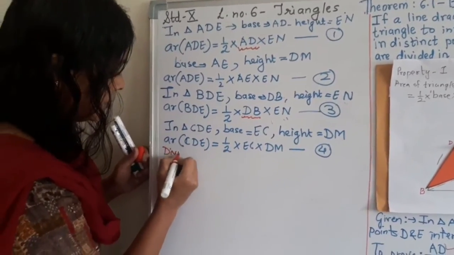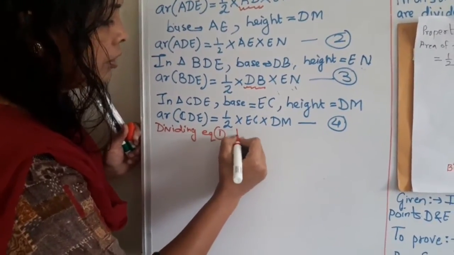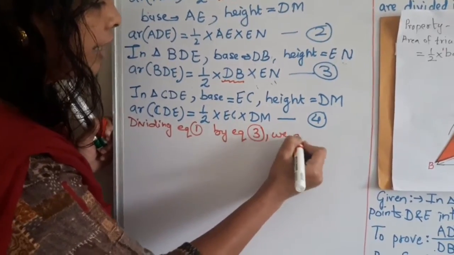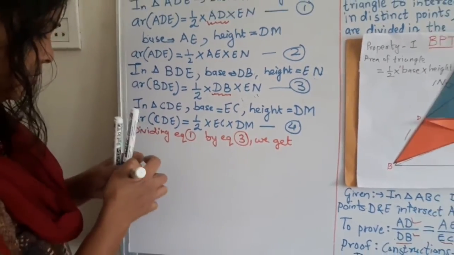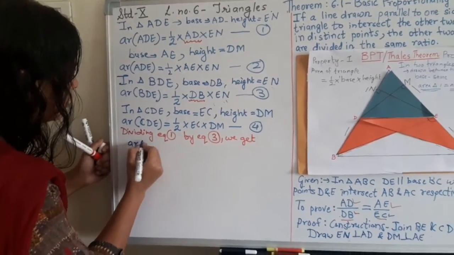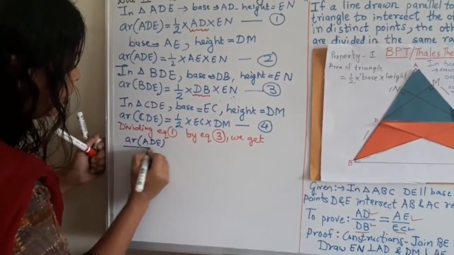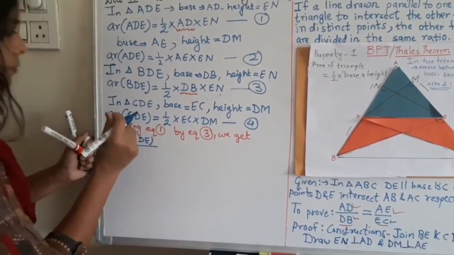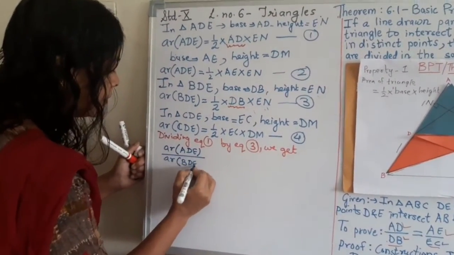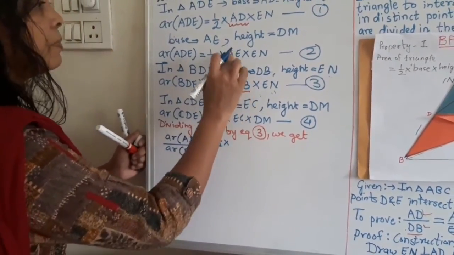So what we do here? Dividing equation 1 by equation 3, we get area of ADE upon area of, equation 3's area is BDE, is equal to half into, what is the base over here?